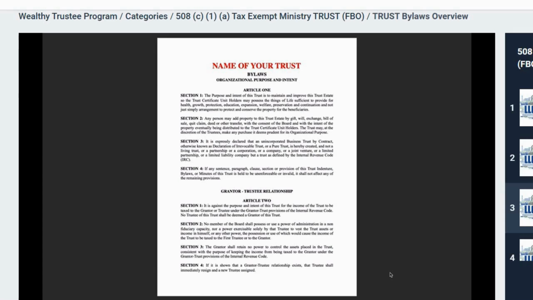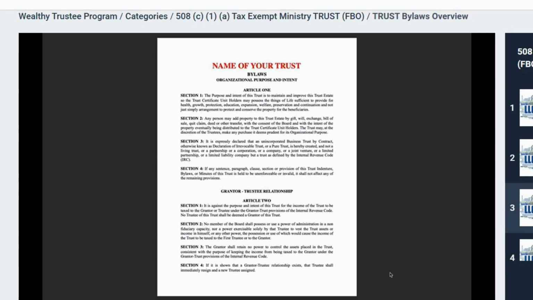Okay, so basically this section is saying that the board members are not the fiduciary and they cannot operate in a fiduciary capacity, and they do not hold the power to invest the trust funds. Section 3, the grantor shall retain no power or control of the assets placed in the trust. Okay, so the grantor is the creator and they have no control.